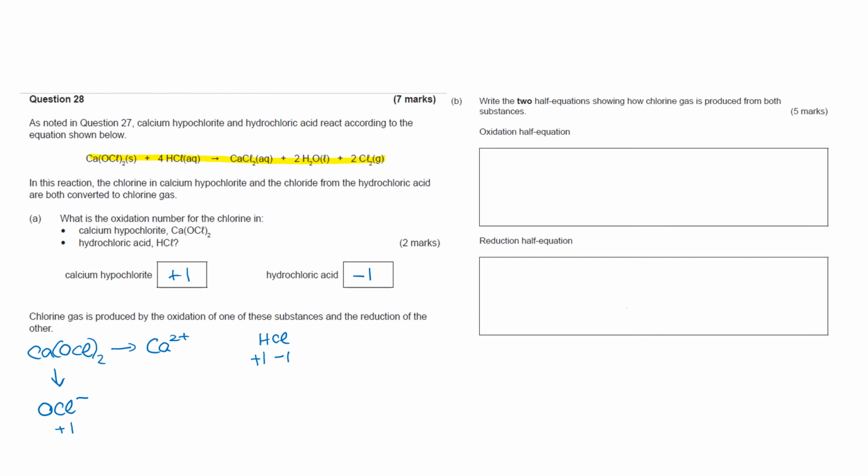So what's happening here is that it says in part B, write two half equations showing how the chlorine gas is produced from both substances. The oxidation half equation and the reduction half equation. So they've got a common product there. Cl2 is the product from both reactions. So how do you know which one goes in which box?